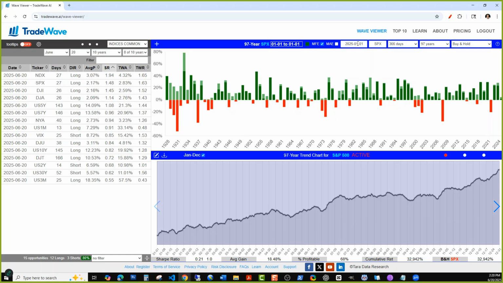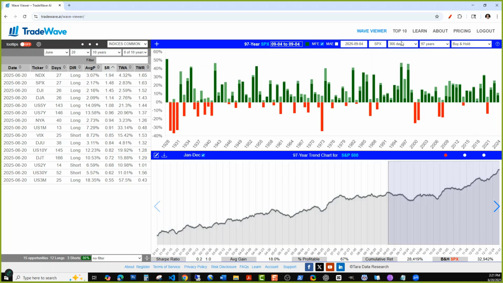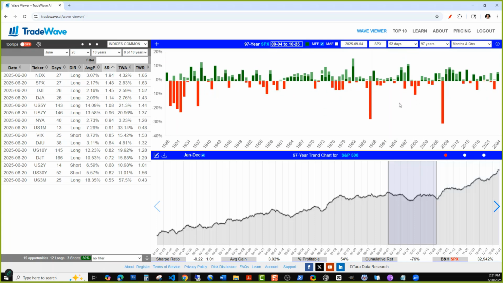It is from th of September, and it lasts 52 days. Statistically, this is the weakest period for S&P 500 based on the last 97 years.